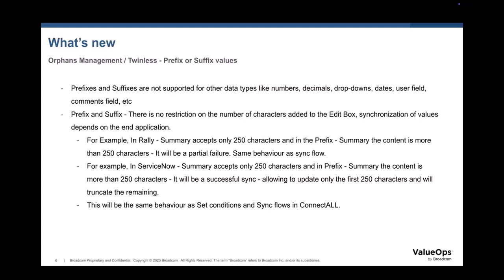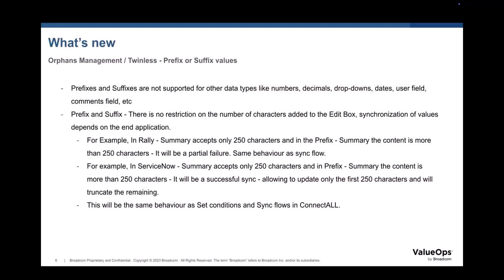For example, in Rally, it only accepts 250 characters. So when you prefix it and your summary has a limitation of only 250 and you're trying to update more than 250 characters, then it will be a partial failure, just like how we have our sync flows. For ServiceNow, the UI doesn't give you any errors when it is trying to set the characters.